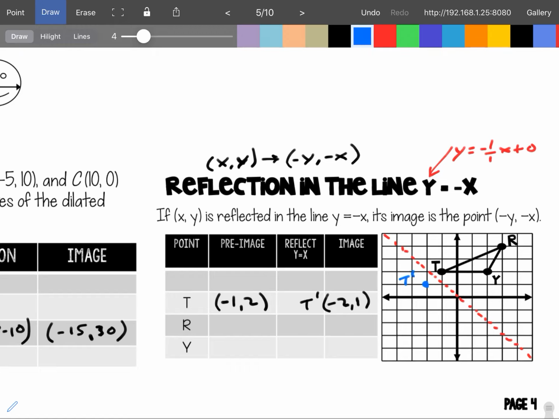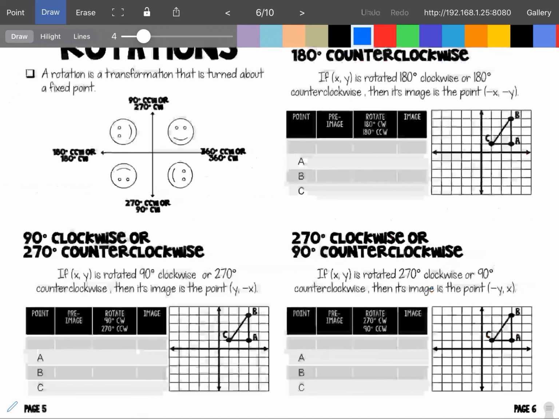Now let me see if I can get any more of this in today, if I can get my iPad to work. So let's see. That's not matching up. I want to do something with rotation with you guys because you haven't seen how to rotate. But for some reason, I can't get my iPad to sync that page.